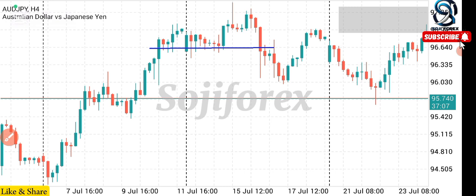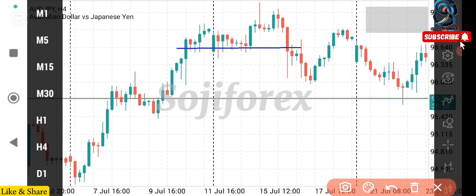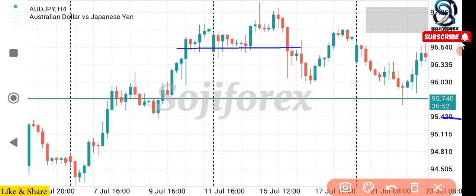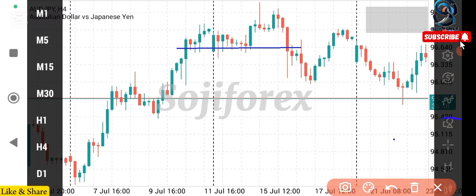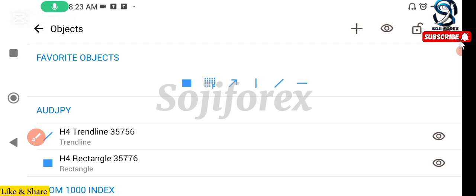So we'll now pick up our Fibonacci retracement tool to mark our range. If you don't know how to do that, you will click on this. Just click on this, and then once you click on that, I have my Fibonacci tool.